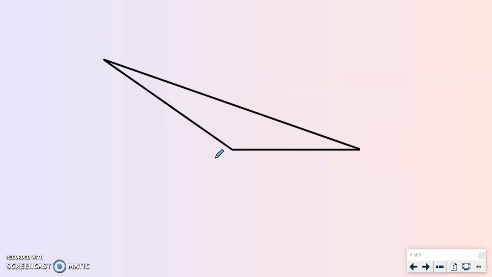So don't always take the marks for granted, you do need to look at the triangles and not just the tick marks. But you can very easily tell on this one here that these are all different lengths. So then we would say that this one is scalene.